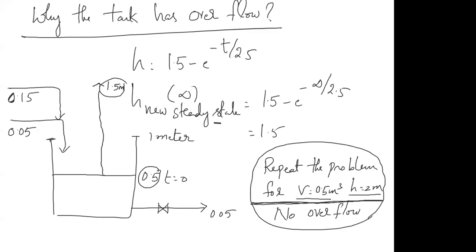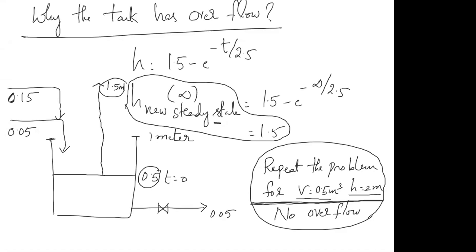See, the new steady state that it is going to increase to is 1.5 meters. That 1.5 meters height is not possible in a tank of 1 meter height. That is why you will have an overflow.